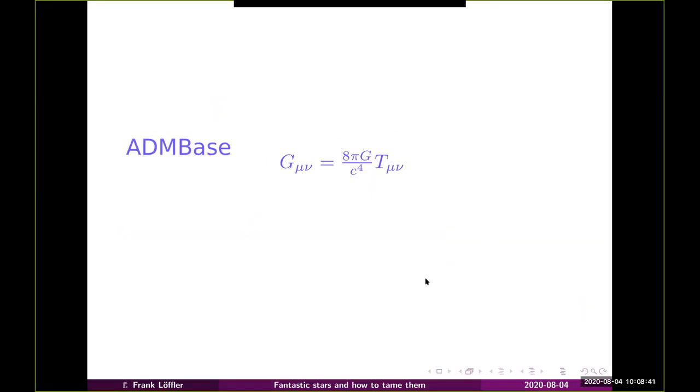So let's look at that from the Einstein Toolkit point of view. We have the space-time essentially described by a common base thorn, which is ADM base, which describes the space-time in the ADM variables. We have one thorn called T mu nu base, which describes this energy momentum tensor in a really generic way, not assuming anything about the matter at all.